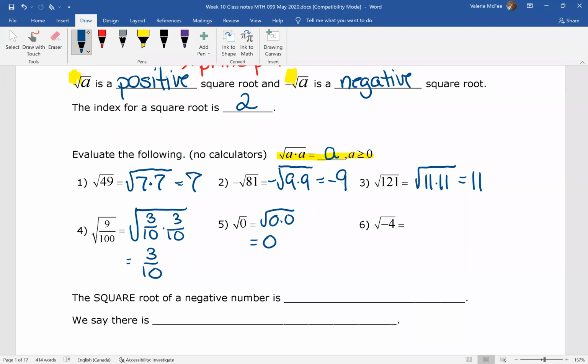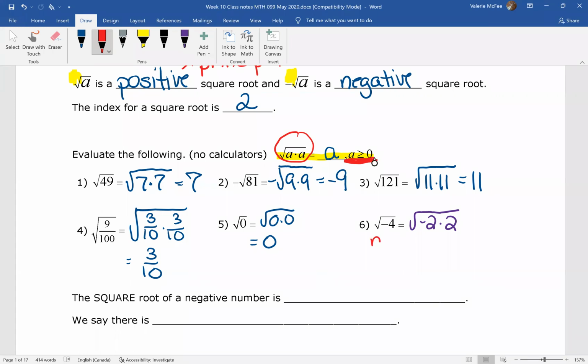And then we have question 6, the square root of -4. The problem is I cannot write this as the square root of a times a. I can write this as the square root of -2 times 2, but those are not the same. And remember, we also say here that a has to be greater than or equal to 0.